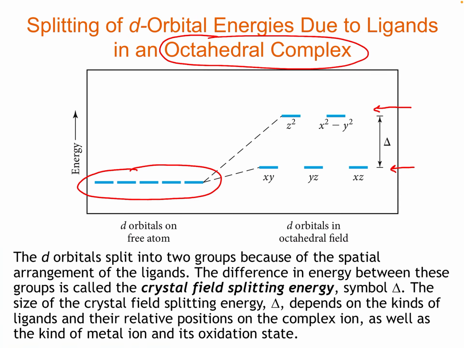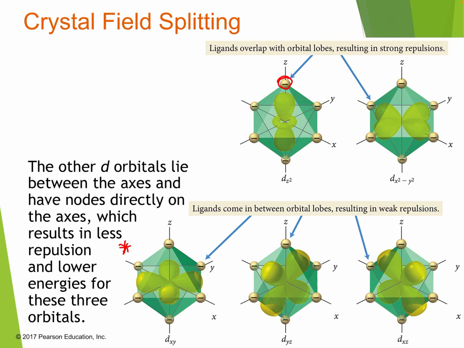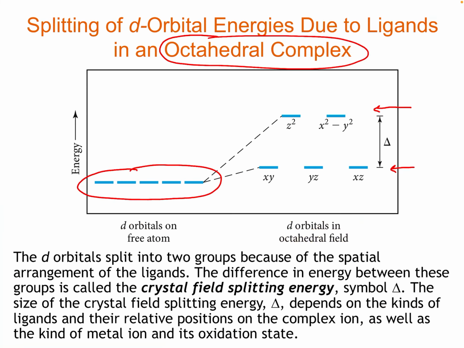These ones up here are much higher because, again, we have the ligands directly interacting with the paired electrons in those orbitals, okay? So they have a lot of overlap, they're experiencing really strong repulsions, which causes them to be much higher in energy. Okay, so that's where we're getting those energies from.